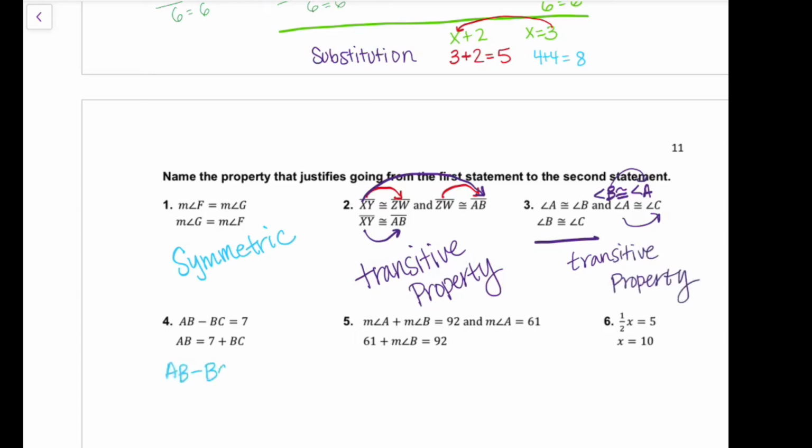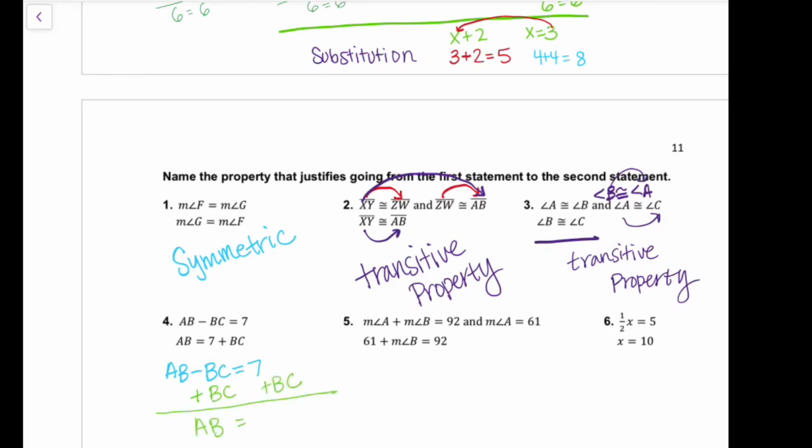Looking at number 4, let's start with what we have in the beginning. AB minus BC equals 7. Now the second statement they've given us has AB all alone. So how we would get AB all alone is we would add BC to both sides.